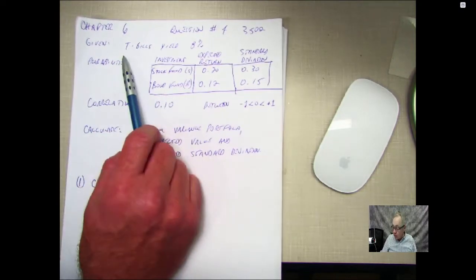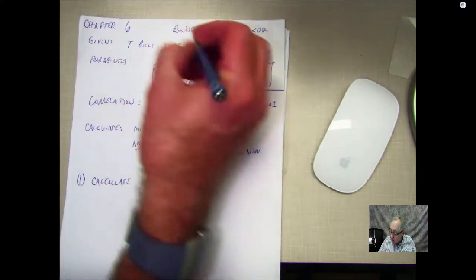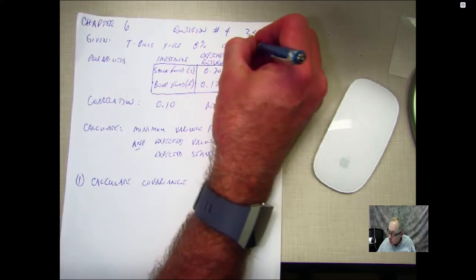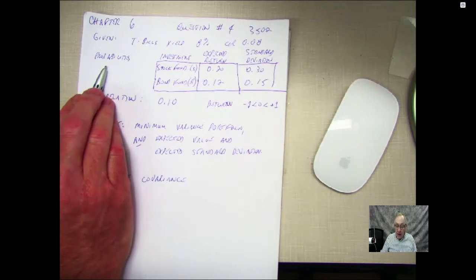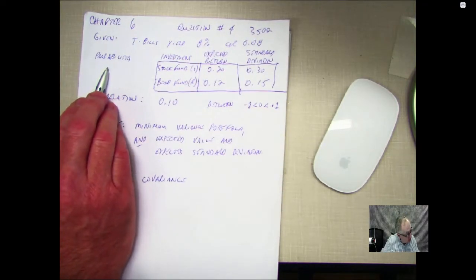In question number 4, we're first given that T-bills yield 8%, 0.08. You're an investment manager speaking to your client, asked to calculate optimal risky portfolios.